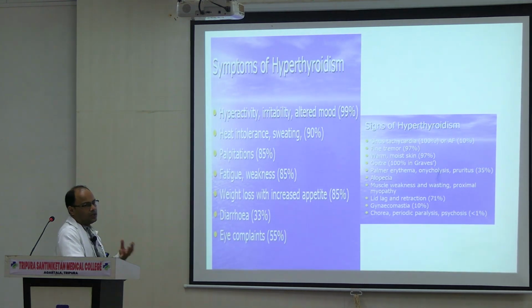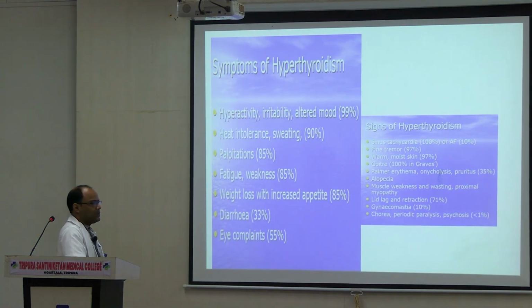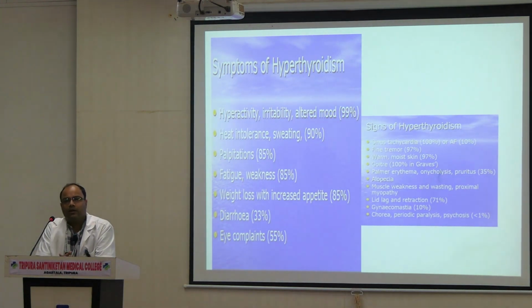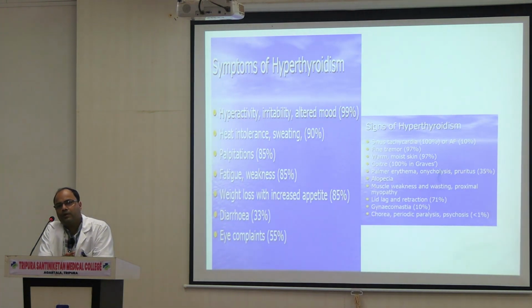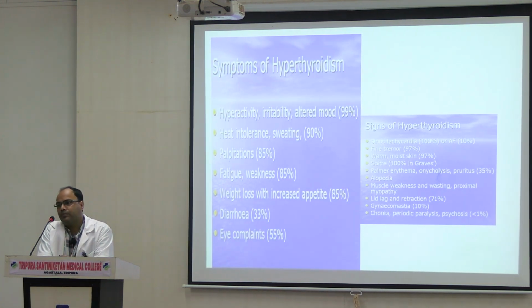In the heart, it causes increased heart rate and palpitation. Fatigue and weakness, because metabolism is very high. Weight loss, because in the adipose tissue it increases fat breakdown. The patient may develop loss of weight.